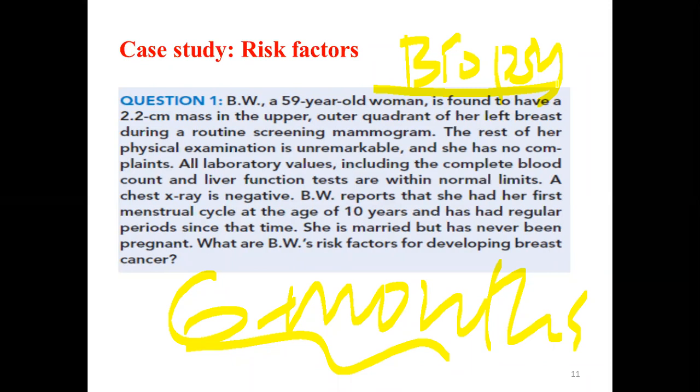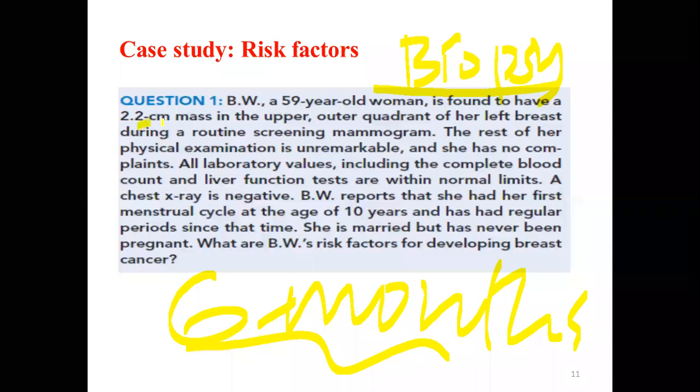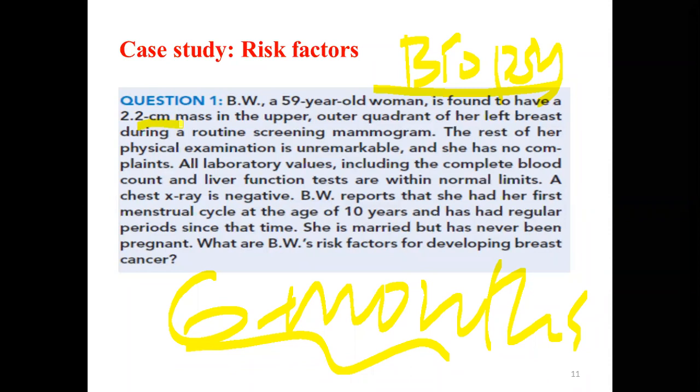Okay, now let's go through this case study together. In fact, it is very simple. BW is a 59-year-old woman. They found a 2.2 centimeter mass. That is why self-breast examination is usually recommended after the age of 40.